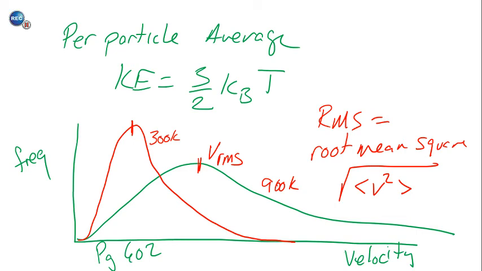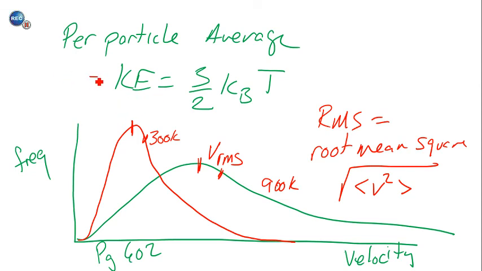You can see that it's a little bit off, but for the purposes of these curves, it's fine. But the gist of it is, you're going to see these measures of the average shift towards higher velocity as you heat the gas up. And you're going to see more particles reach a higher and higher velocity. And that's what's captured here, the kinetic energy is a measure of the velocity.